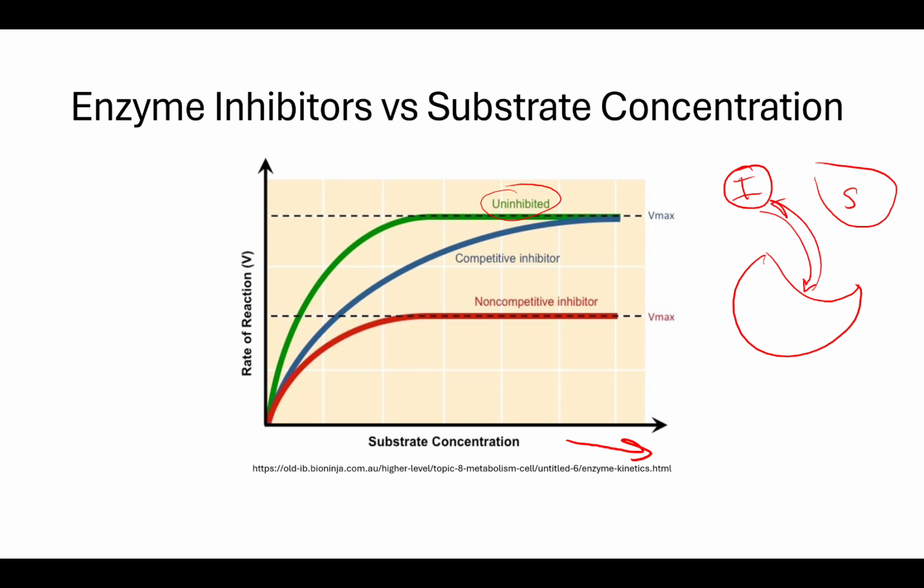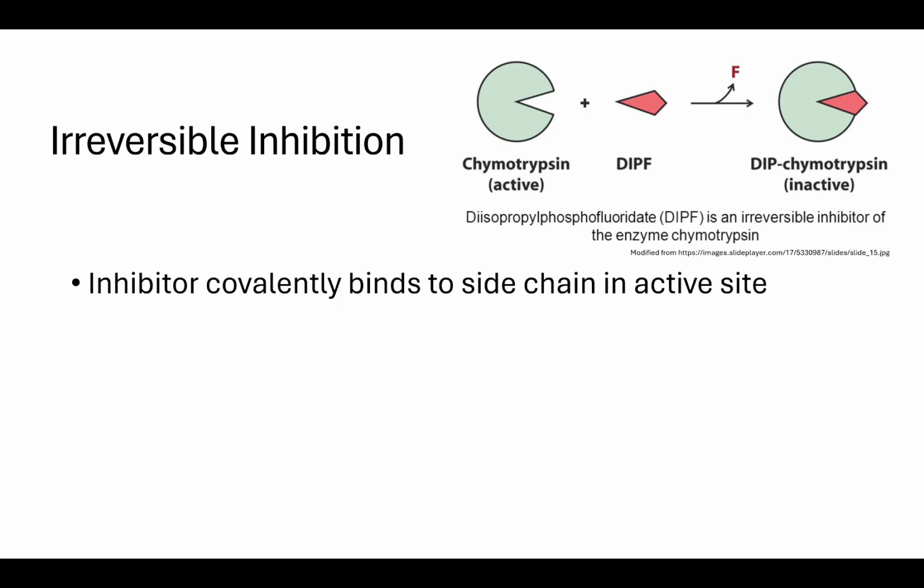Once it's popped out, if there's enough substrate lying around, then the substrate can bind to the active site before another inhibitor can pop on. So as you increase the concentration of the substrate, the reaction rate will increase. So that's one way you can tell if you have a competitive inhibitor or a non-competitive inhibitor.